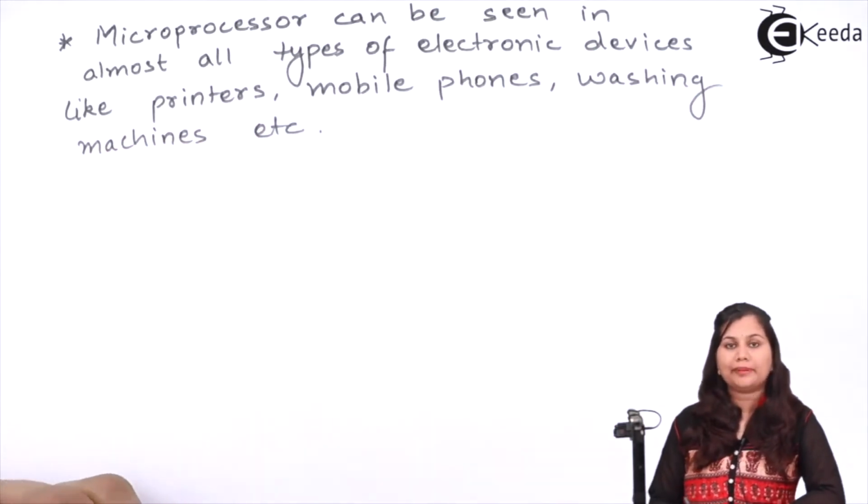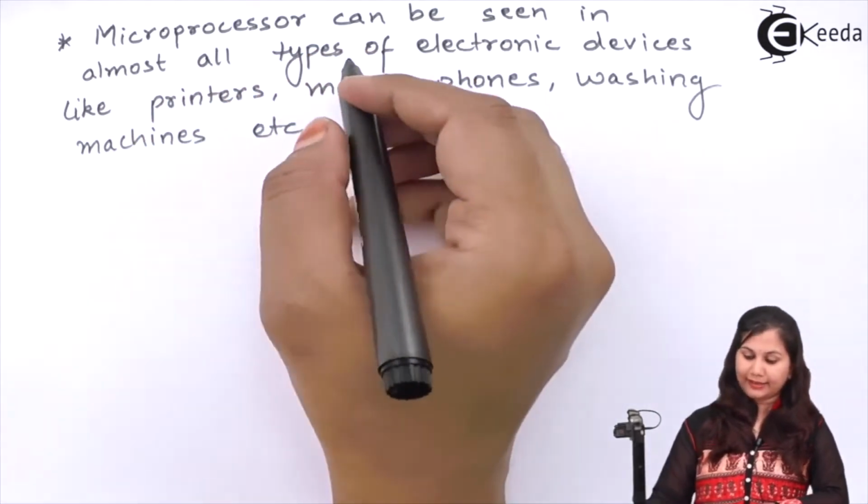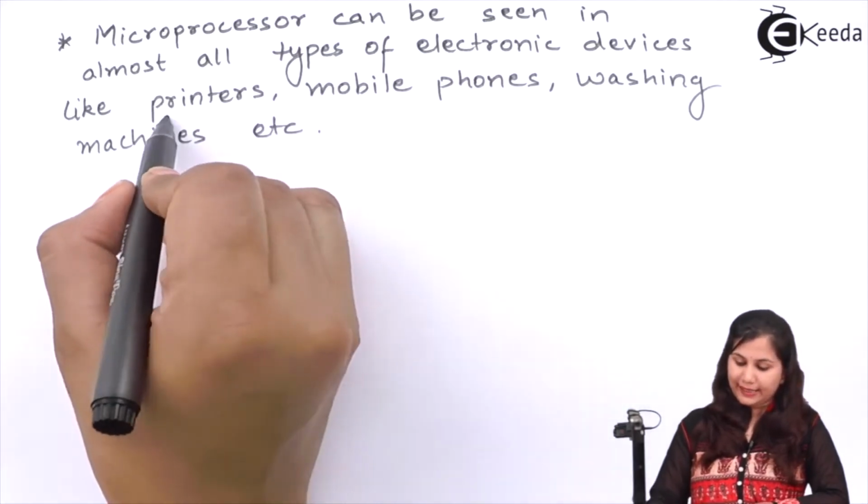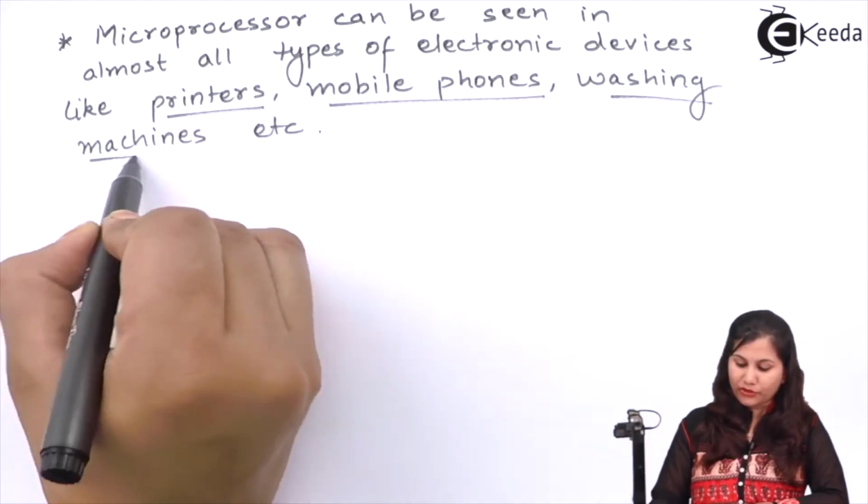These are the applications of the microprocessor that can be seen in almost all types of electronic devices like printers, mobile phones, washing machines.